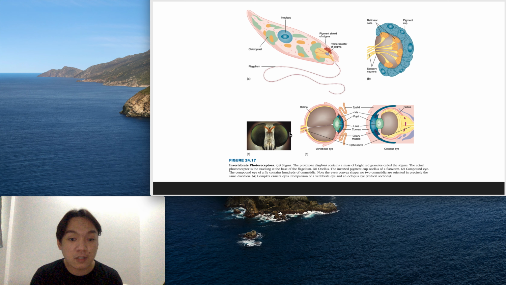It has a convex shape, and they are precisely oriented differently for precise vision. And letter E is the complex camera-like eye of the vertebrate eye and the octopus eye.